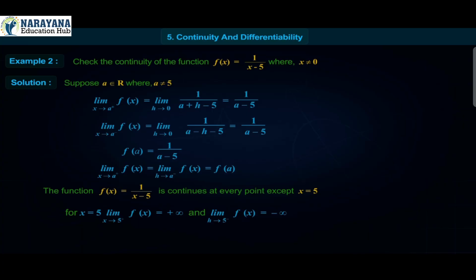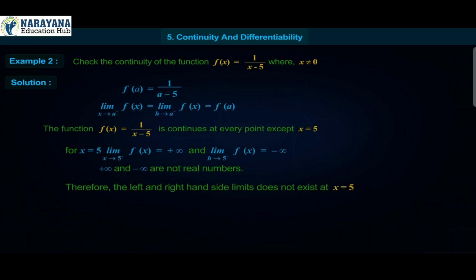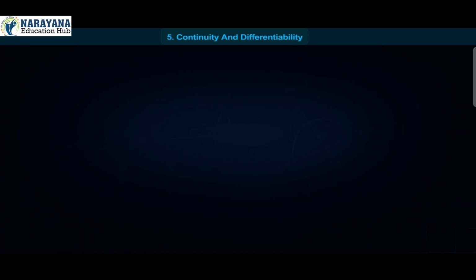For x is equal to 5, limit x tends to 5 plus f of x is equal to plus infinity, and limit x tends to 5 minus f of x is equal to minus infinity. Plus infinity and minus infinity are not real numbers. Therefore, the left and right hand side limits do not exist at x is equal to 5. Function f is discontinuous at x is equal to 5.